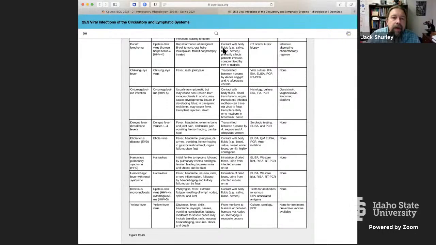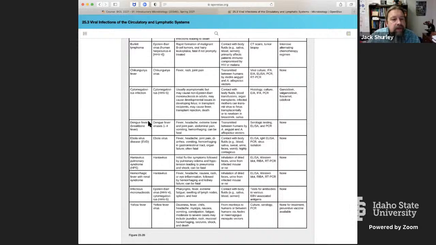So body fluid contact with this: saliva, blood, and semen, and individuals that are compromised, HIV or malaria, which when we think about Burkitt's lymphoma, it's a good one with little kids. Malaria targets anybody, but little kids are pretty good at contracting this, with a developing immune response, and that sets the stage for Epstein-Barr and Burkitt's lymphoma. So it kind of just depends on the circumstances.